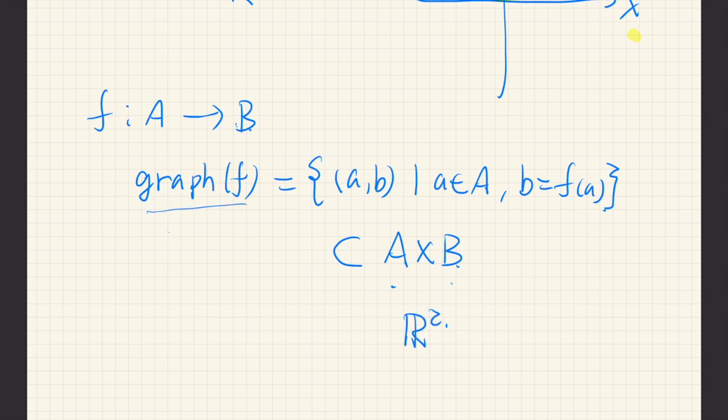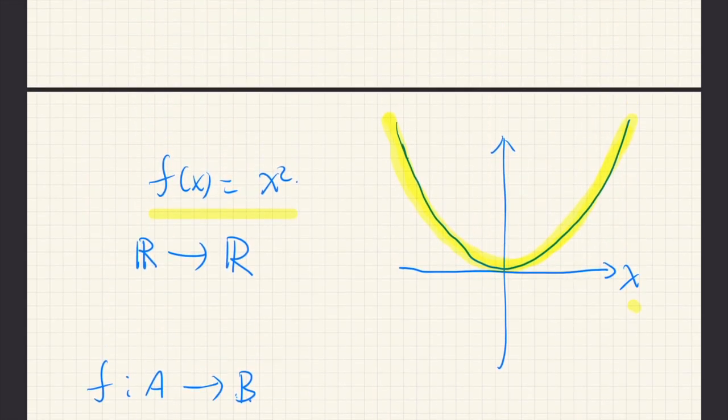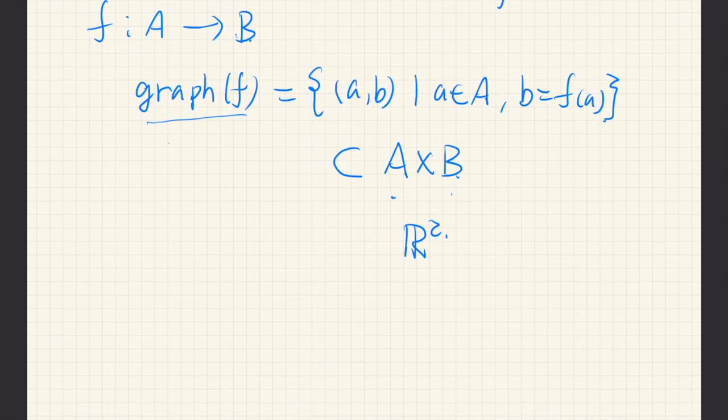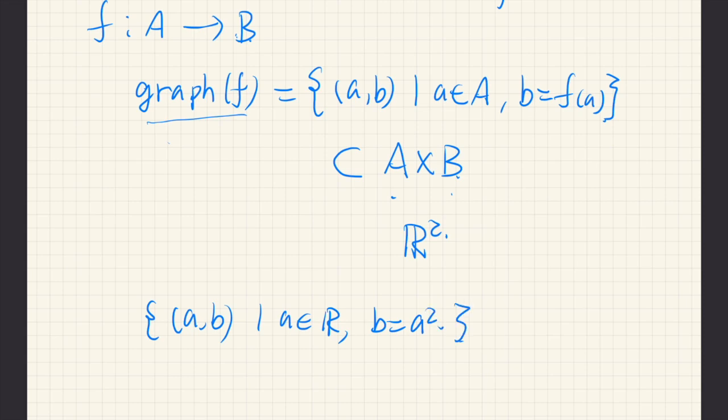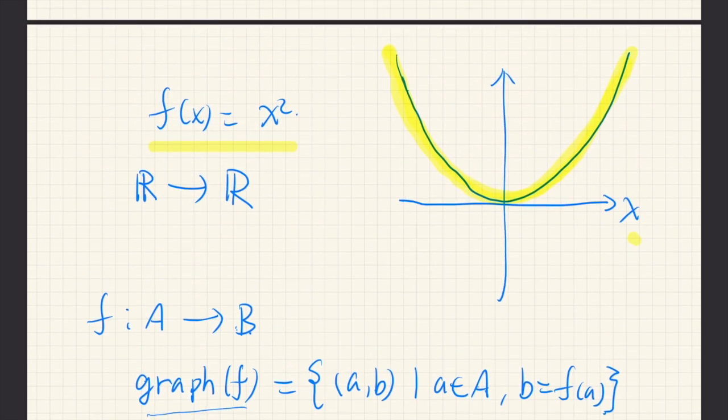And the graph of f in this case is the set of pairs (a, b), where a is a real number and b is a squared, right? So if we just plot this set on this two-dimensional space, you get this curve.